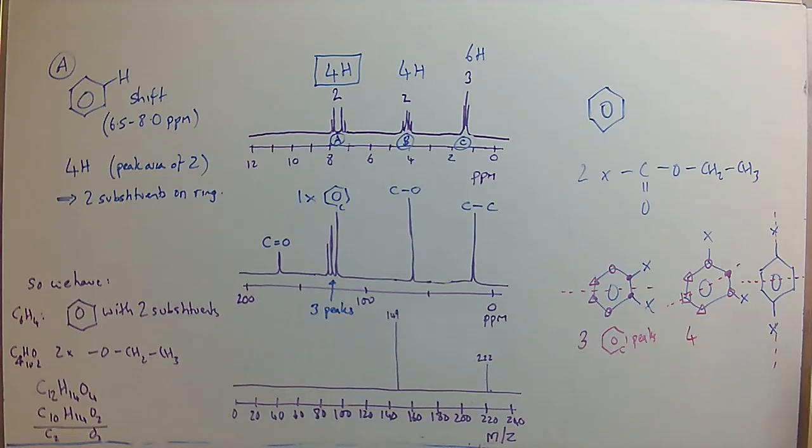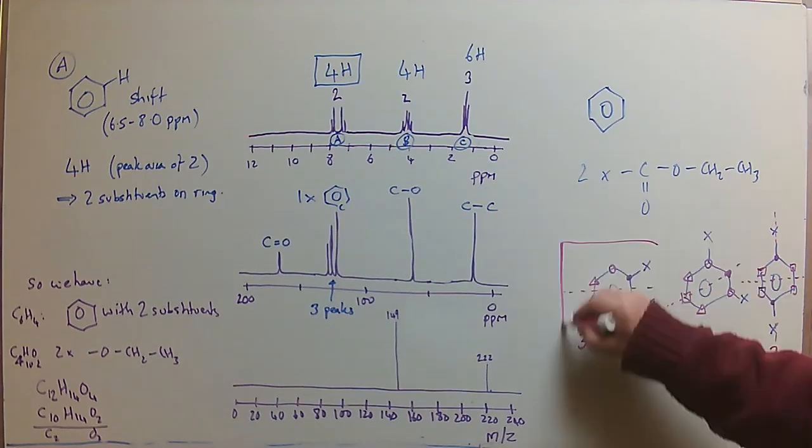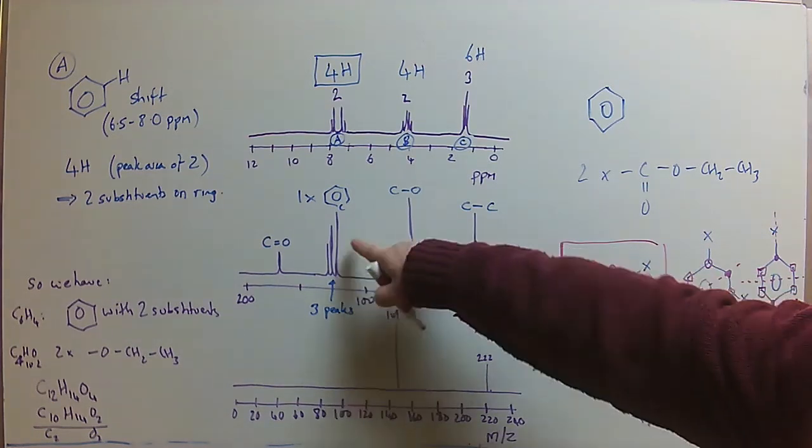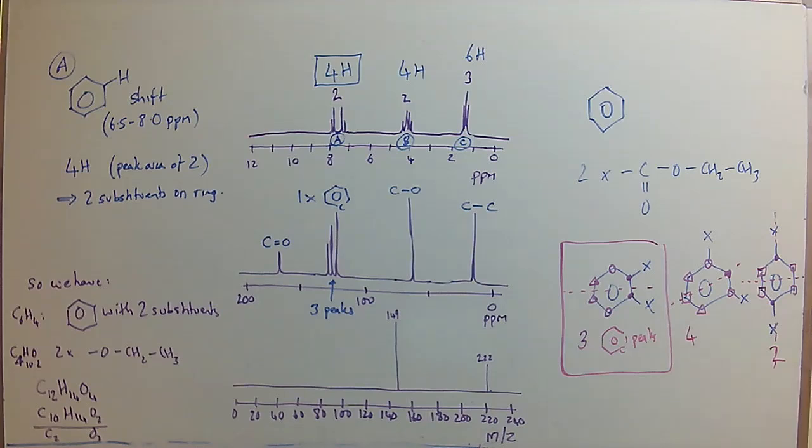So what that means is that this one is equivalent to this one, because it's reflected in there, but all 4 of these are the same, because they're all in the same environment, because this one is reflected in there to produce that one, or reflected in there to produce that one, and all 4 of those are the same. So that would only produce 2 peaks, and therefore that one is the only one that accounts for the fact that we have 3 peaks in the spectrum.